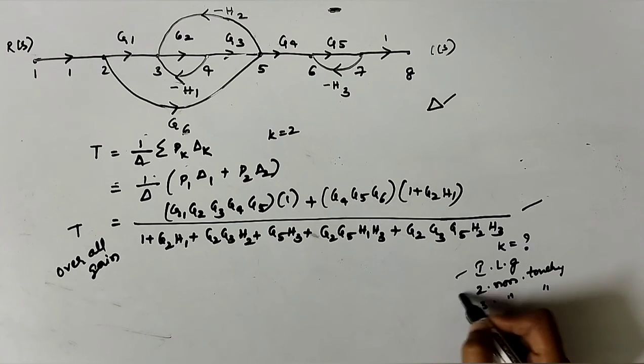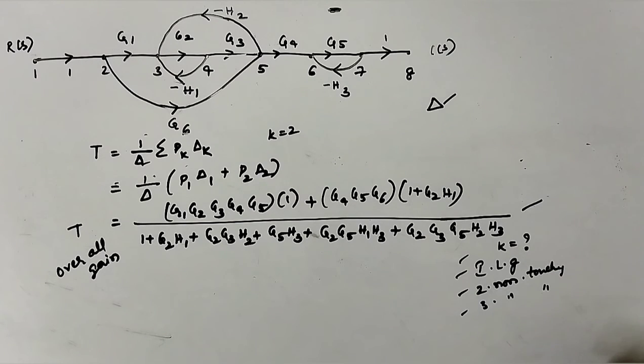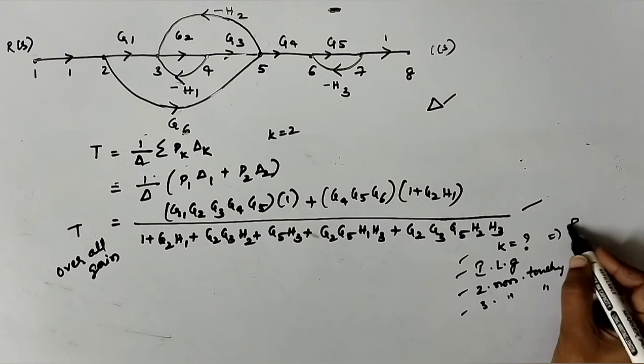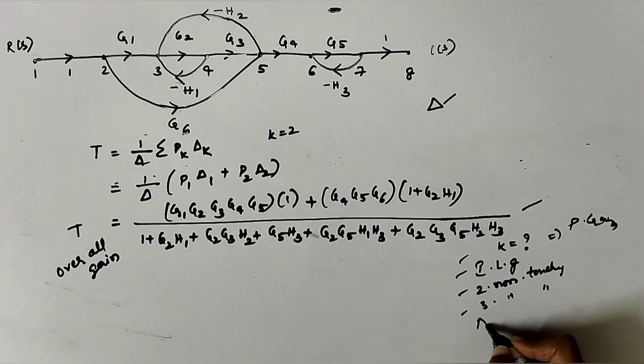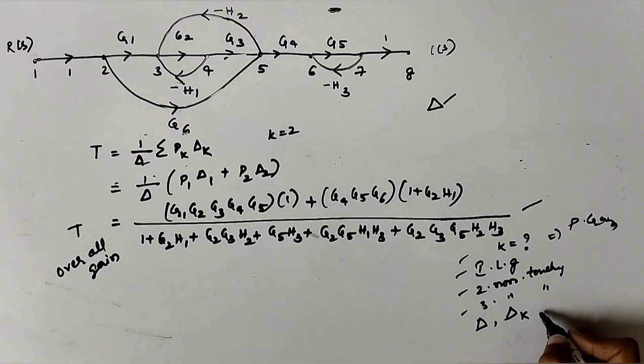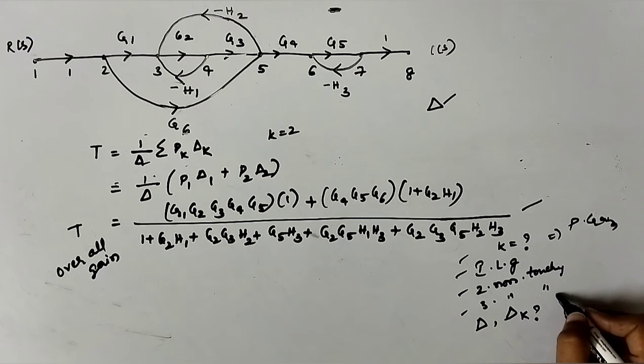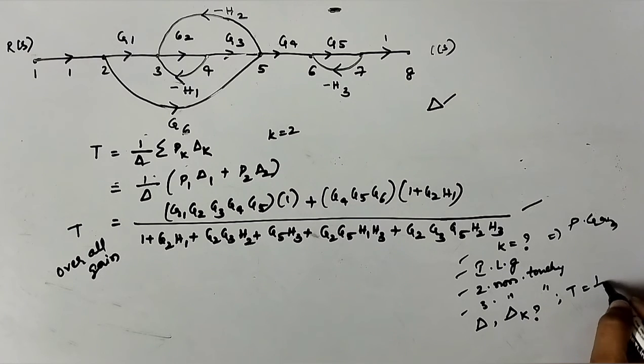Now after getting all the data and the path gains also, then finding delta, then find out delta k, then substitute into T equal to 1 by delta sigma Pk delta k.